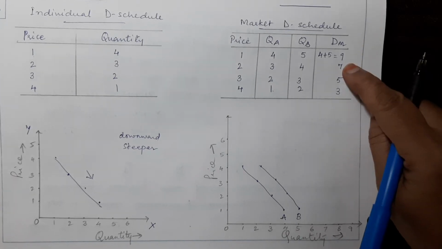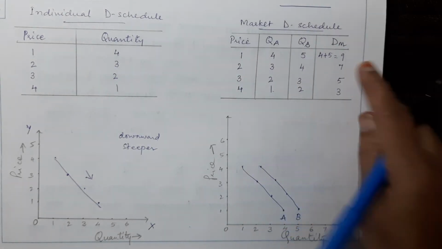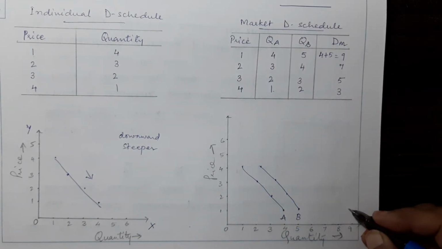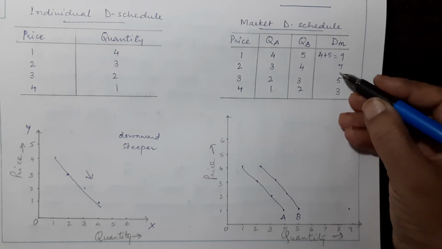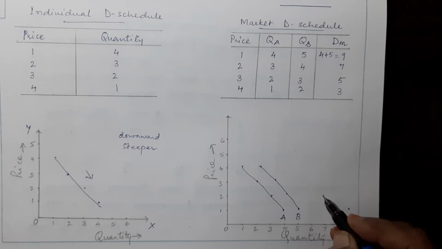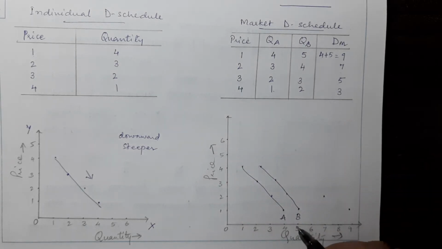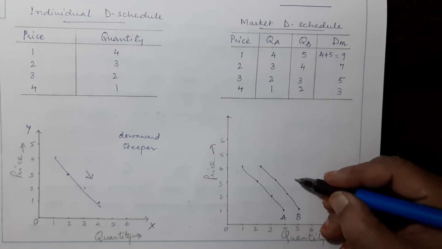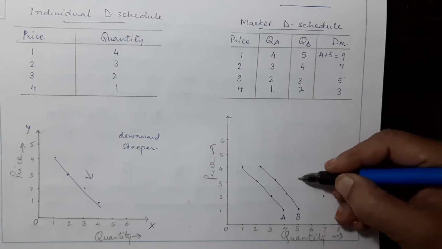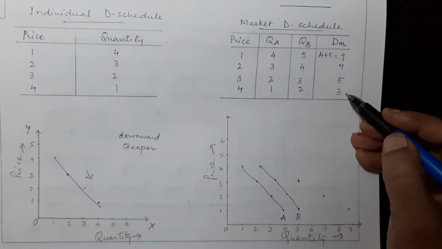Let's now plot the market demand. Here we find for 1 rupee, 9 units is the demand, and 7 units for 2 rupees. So 7 is over here and 2 is here. 5 units for 3 rupees would be somewhere over here, right? And 3 units for 4 rupees.